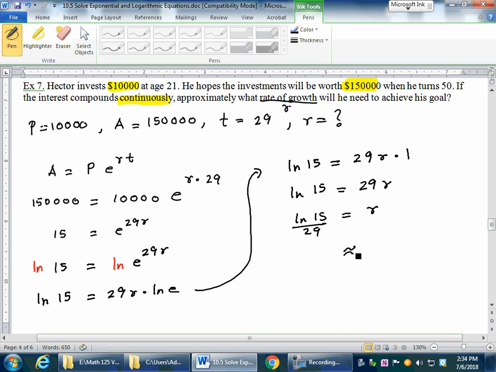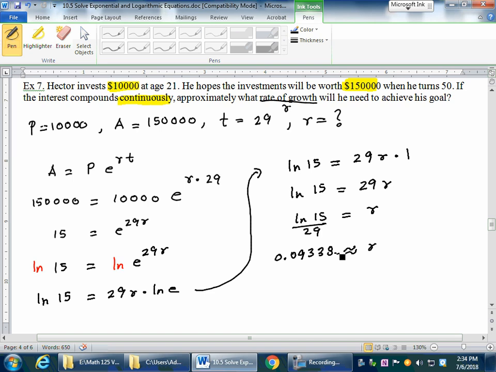Now, we're going to have to use approximations because whenever we talk about interest rate, it is all the way up to like 3.45 or something like that, right? 2 decimal places. So it will be ln of 15 divided by 29, which gives me my answer, approximately 0.09338, so on and so forth.